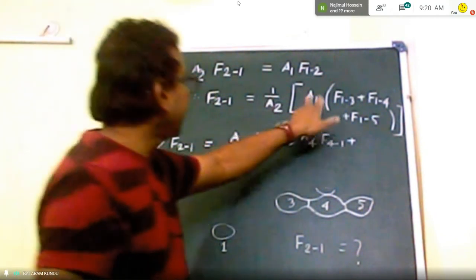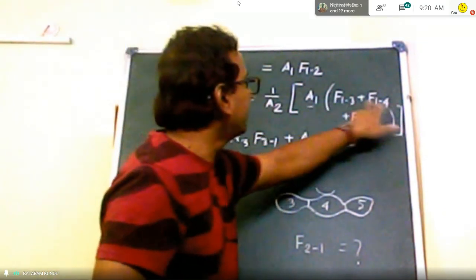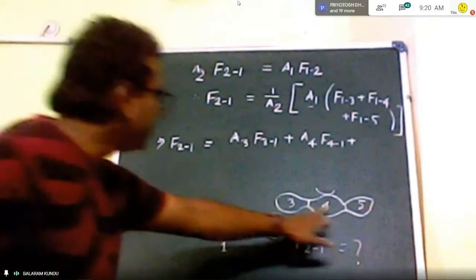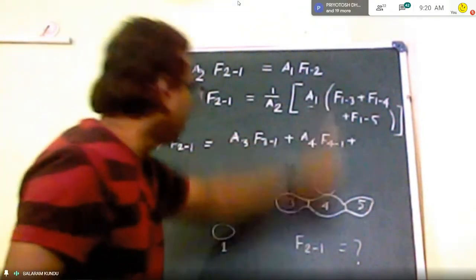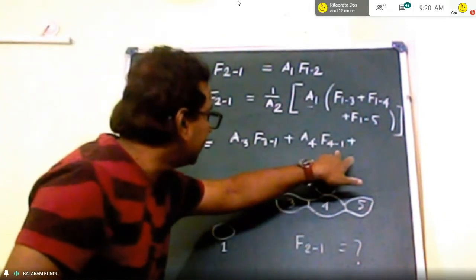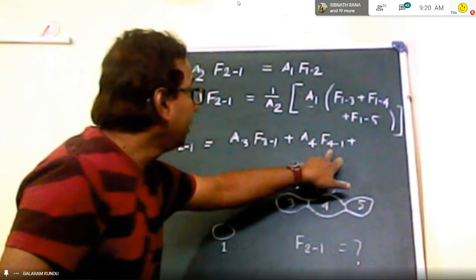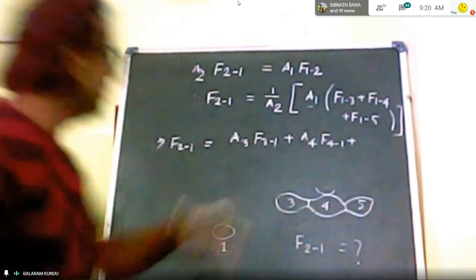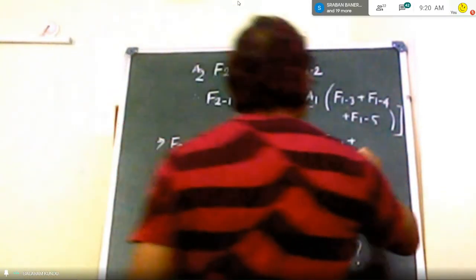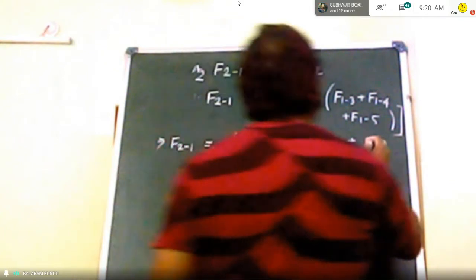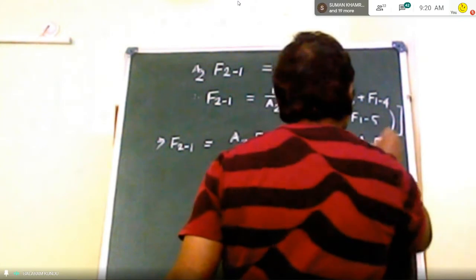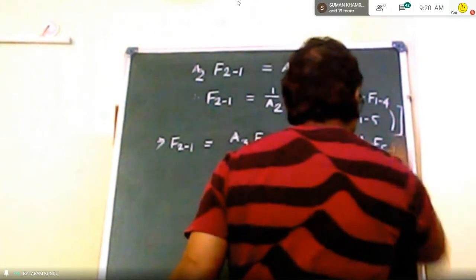Similarly, a1 into f of 1 4 should be equal to a4 into the shape factor from a4 to a1, written as a4 into f of 4 to 1. Similarly, a1 into f of 1 to 5 can be replaced by a5 into shape factor f of 5 to 1.